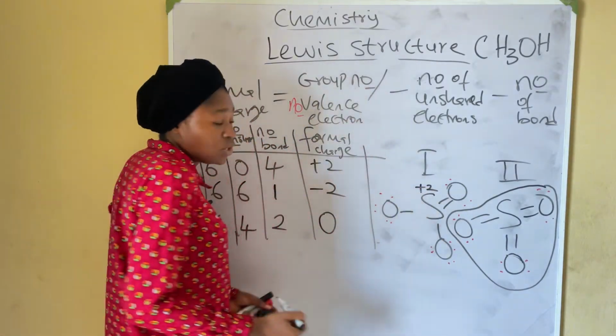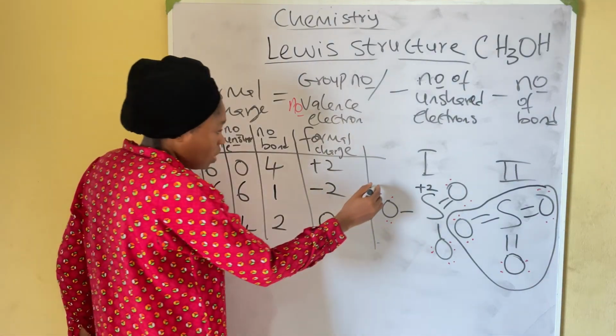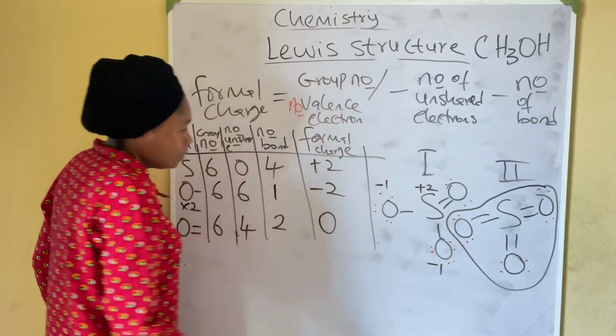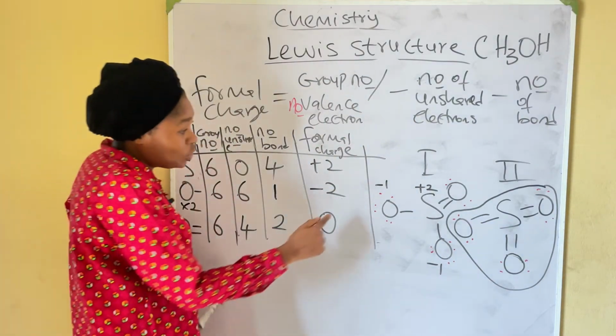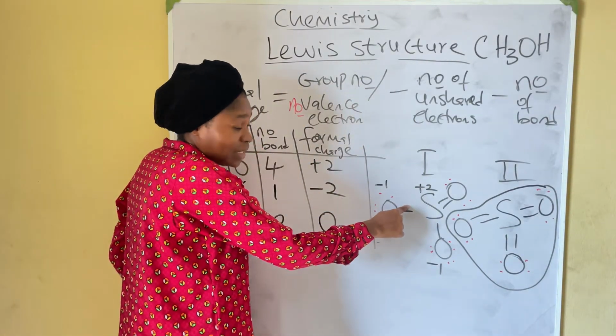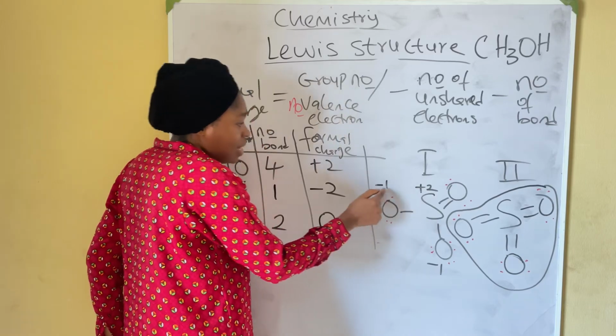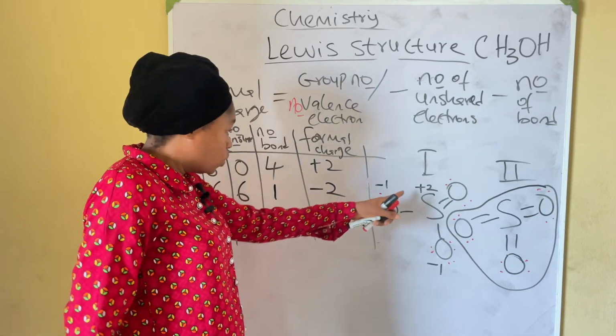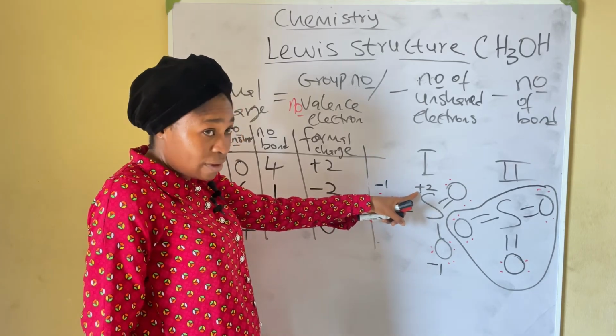This oxygen with the single bond has a formal charge of -1. This one has -1. This one has no charge. So what is it telling you? If I push 2 electrons inside, the formal charge of this one will be 0. And the formal charge of this one will also reduce, to +1.